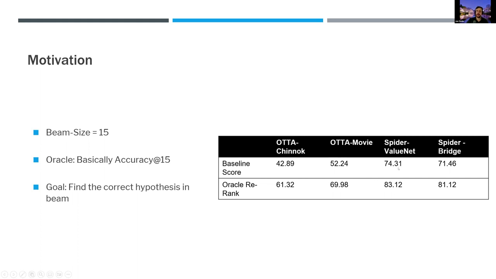With Spider, we get about 9% improvement, and the other one is even more, around 20%. So if you have an oracle that would tell you which one of your 15 hypotheses is the correct one, you would get a huge improvement. This also means that your generative model is already quite capable of generating the correct query. However, there is some issue with selecting the correct one from your beam.